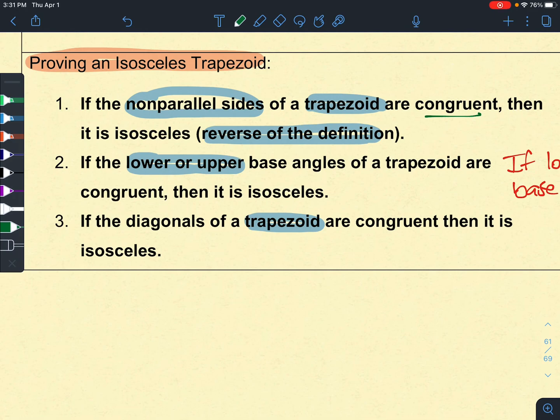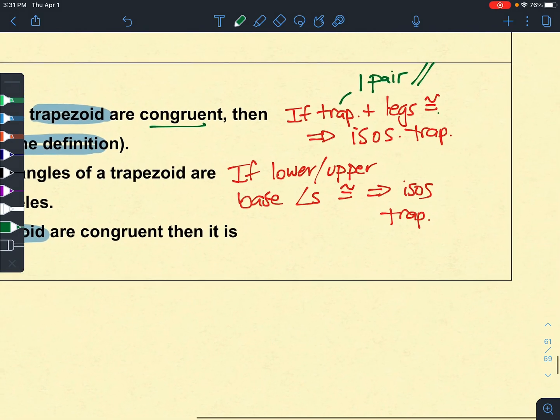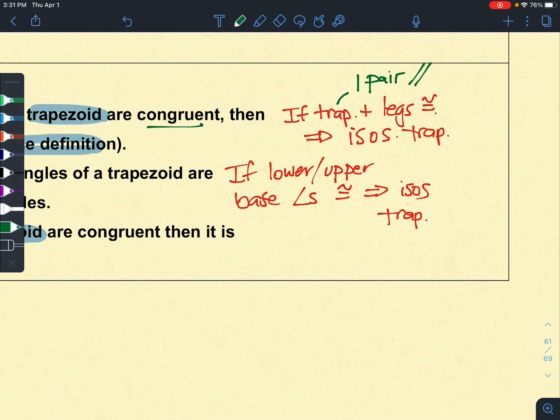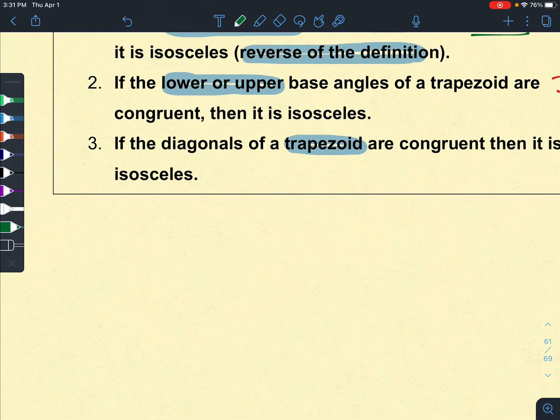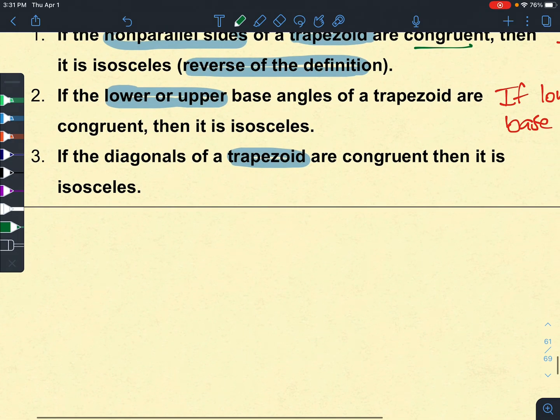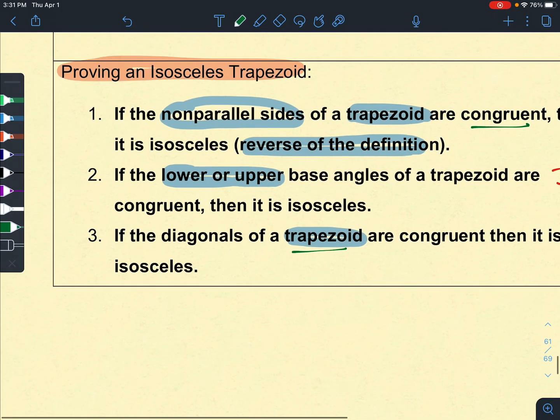If the lower and upper base angles pairs are congruent, then it's an isosceles trapezoid. Finally, if the diagonals are congruent, then it is isosceles. So again, start with the trapezoid, then look at the diagonals. So there's two things in that last one. All right?